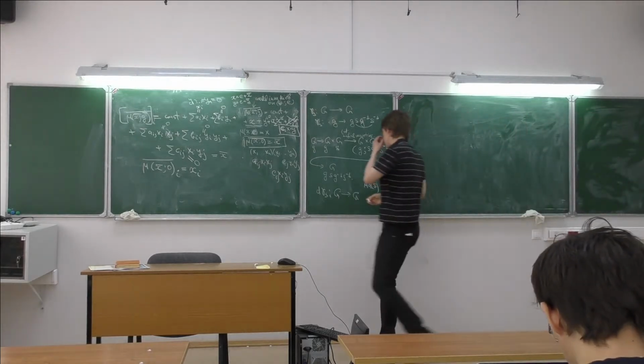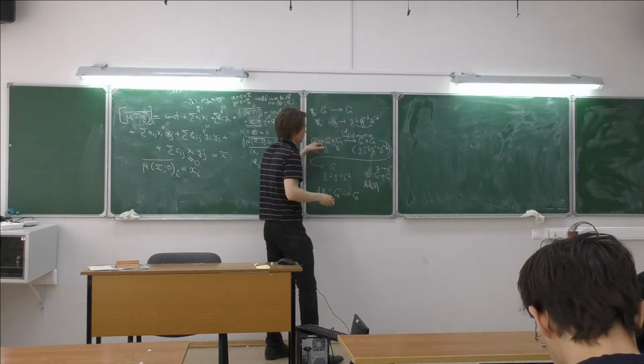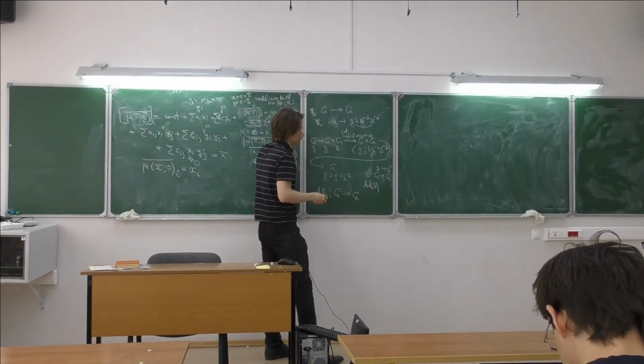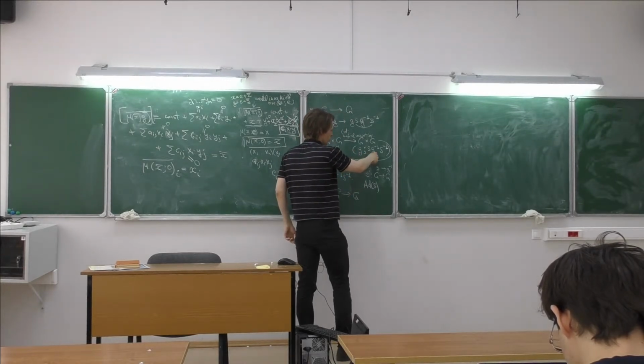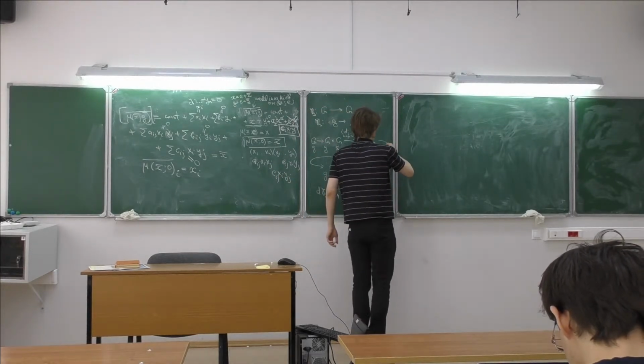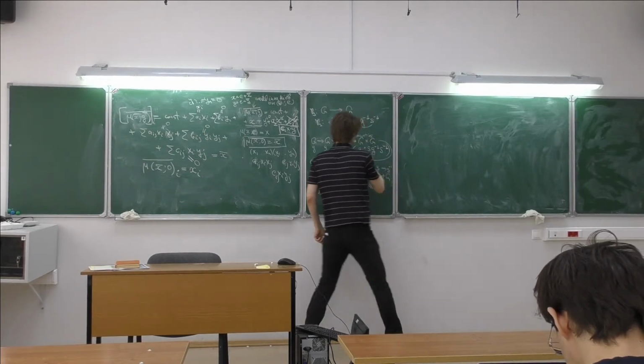When you are writing down this action explicitly, you see that it is G times the adjoint action.